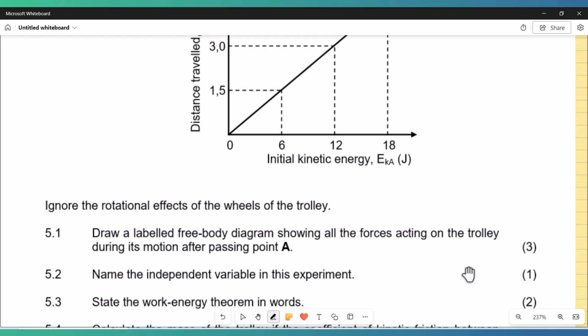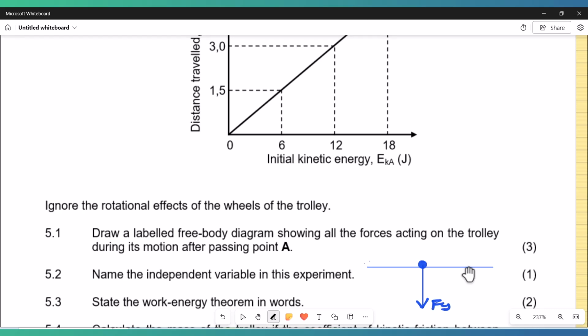If this is the surface here, which is horizontal, then if they say free body, you put no body, but put a dot. Now, being a trolley with a mass, it has weight. So the weight is acting vertically downwards. That's our Fg, which is the weight in this case.